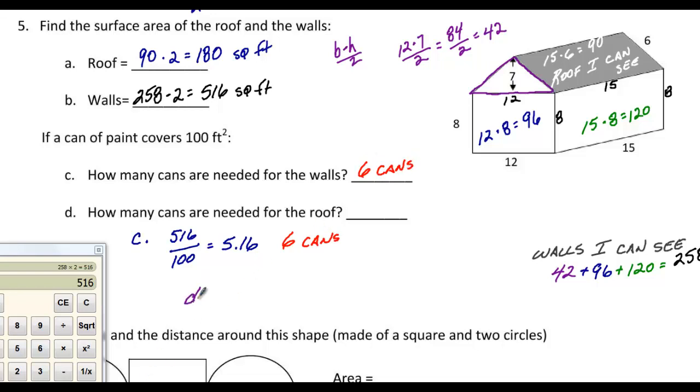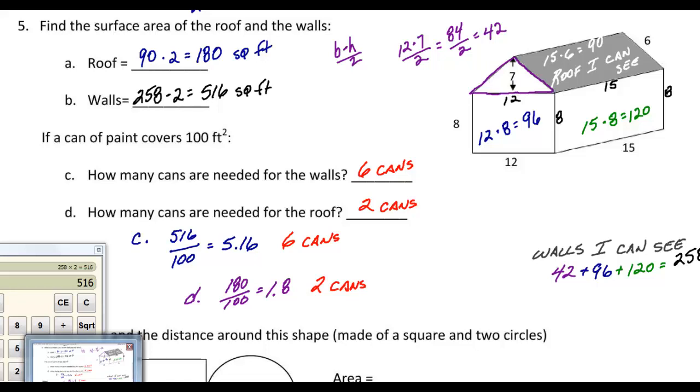For the roof, Part D, we have 180 divided by 100 equals 1.8. Anytime you're dividing by 100, you just move the decimal 2 places over. And that tells us that we need 2 cans of paint to do that.